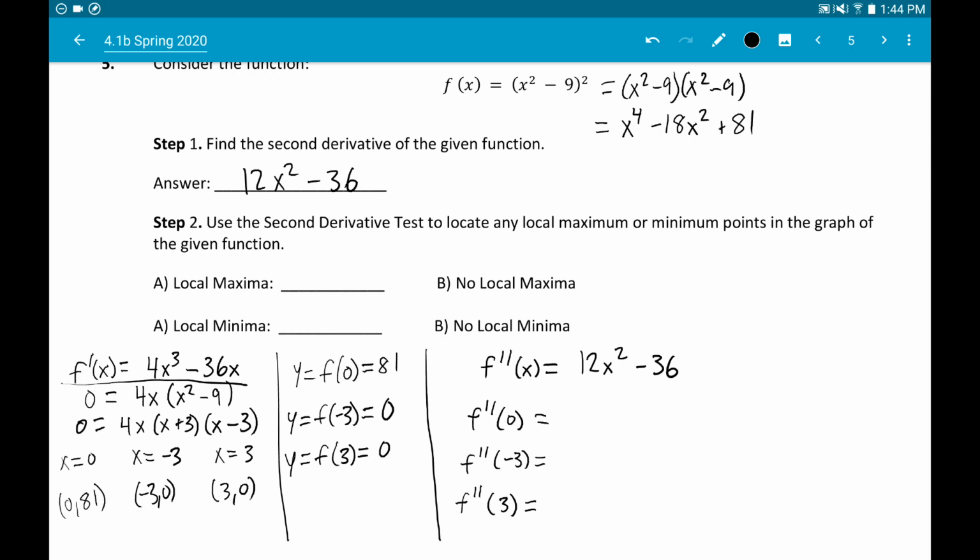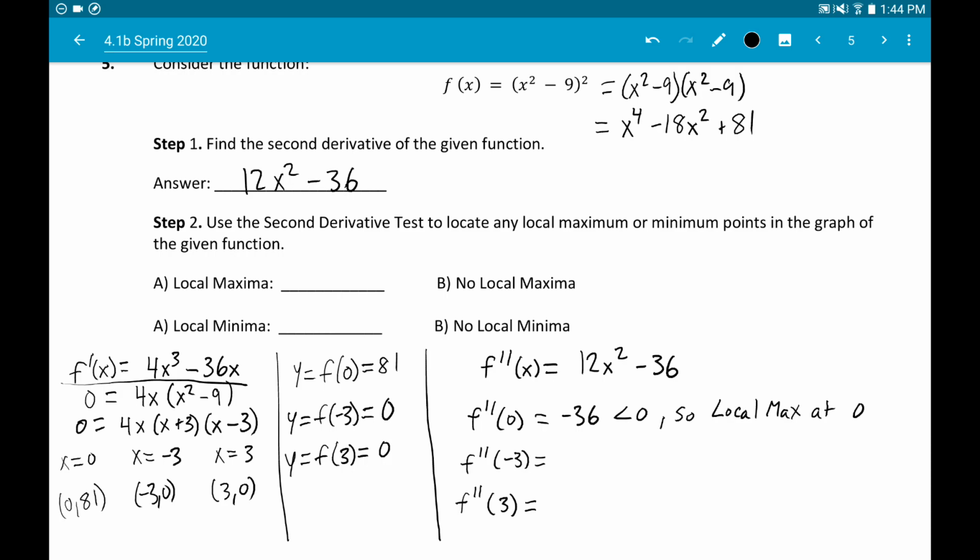All right. So if we plug in 0, we're going to get negative 36. That's negative, so you know you have a local max. Local max at 0.